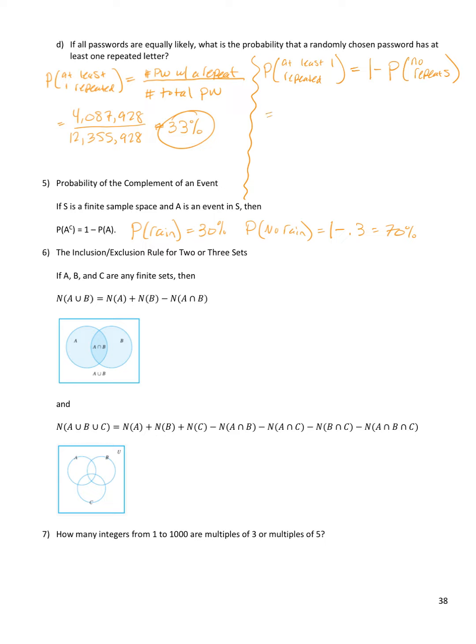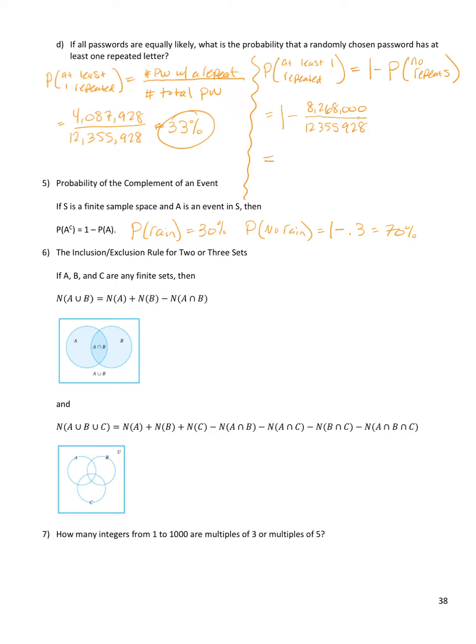So 1 minus the probability that there are no repeats would be the number of passwords that have no repeats in them, which was 8,268,000, divided by the total number of passwords, which was 12,355,928.